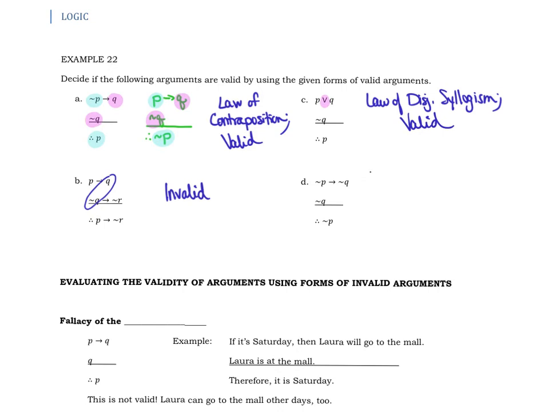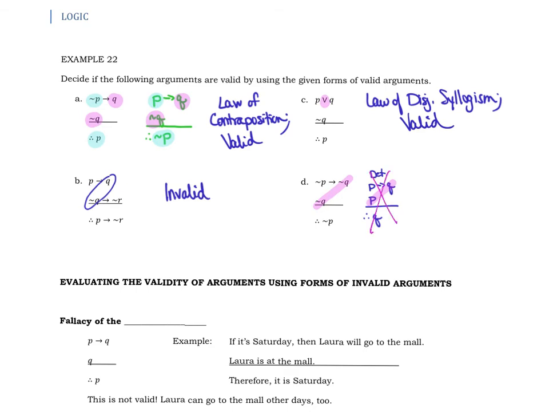The law of detachment, just to write it down, says if P then Q, P, therefore Q. Well, notice that we have an issue here, Q and P. We don't have a Q and a P, we have a not Q and a not Q. So this is not going to be the law of detachment. That's not going to work.